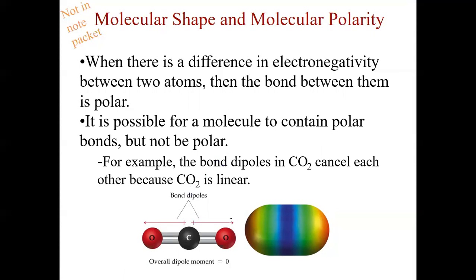The more electronegative atom is oxygen, so the dipoles point towards the oxygen. That means the electrons are being pulled closer to the oxygen. However, since you have this dipole going this way and that dipole going the other way, and it's a linear shape, those dipoles cancel each other out. So there is no overall dipole moment for this molecule, and this molecule is nonpolar.